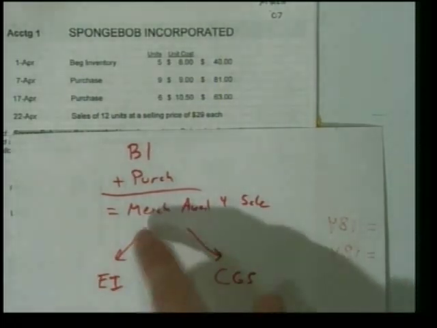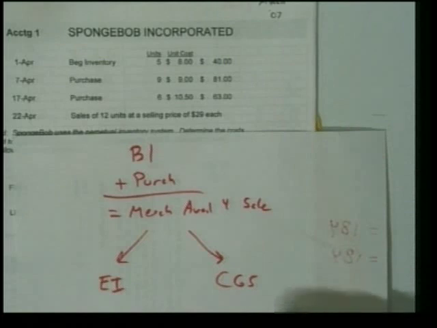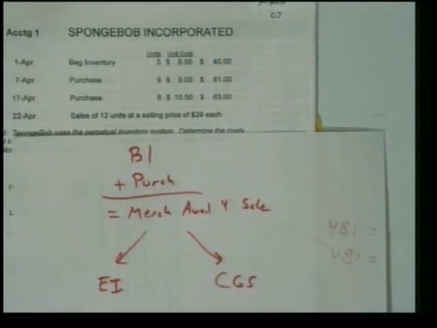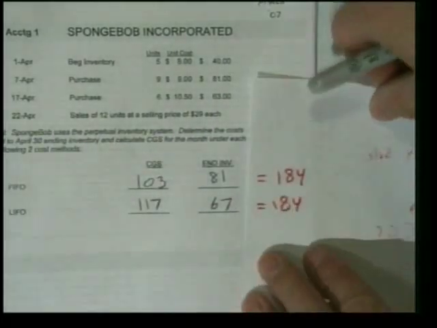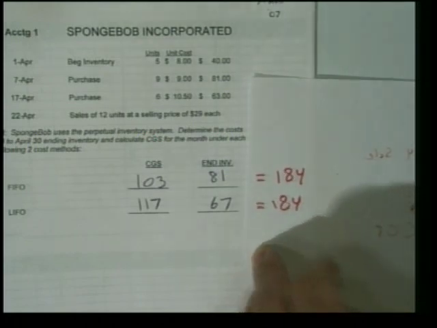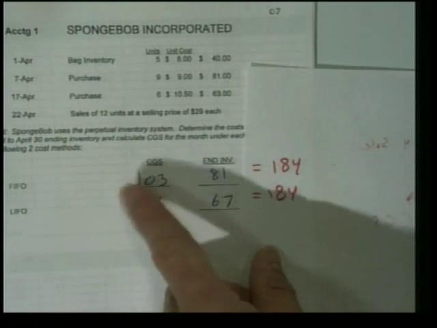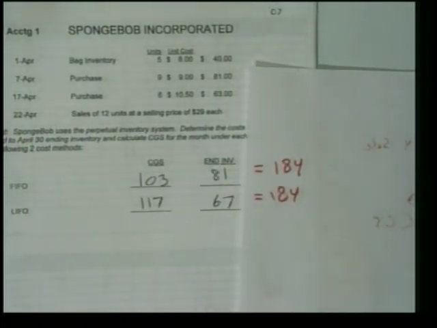Because we could say merchandise available for sale minus ending inventory equals cost of goods sold, or minus cost of goods sold equals ending inventory. Okay? So, when we look at these numbers, that 184 in this specific example actually equals the merchandise available for sale, the beginning inventory plus the purchases. And it either has to become cost of goods sold or ending inventory. So the sum of these two answers is going to equal the same number.